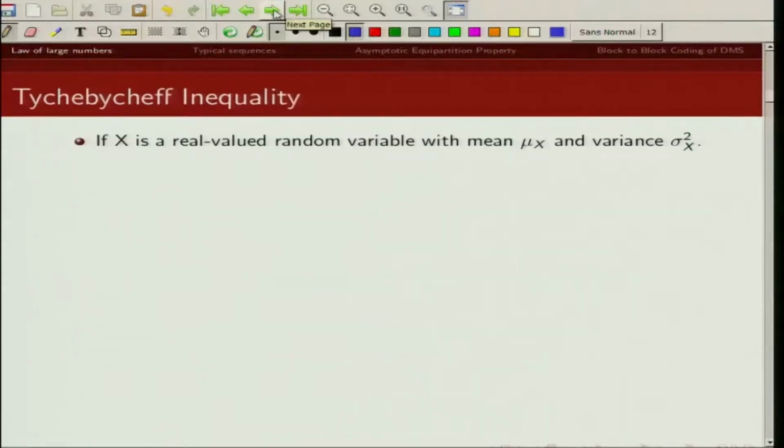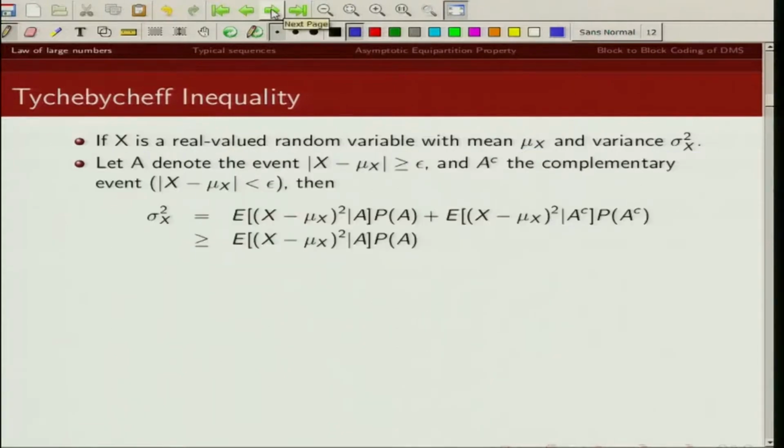To prove this, let x be a real valued random variable with mean mu of x and variance sigma x square. We denote an event A as follows: the event that the absolute value of x minus the mean of x is greater than or equal to some small value epsilon.